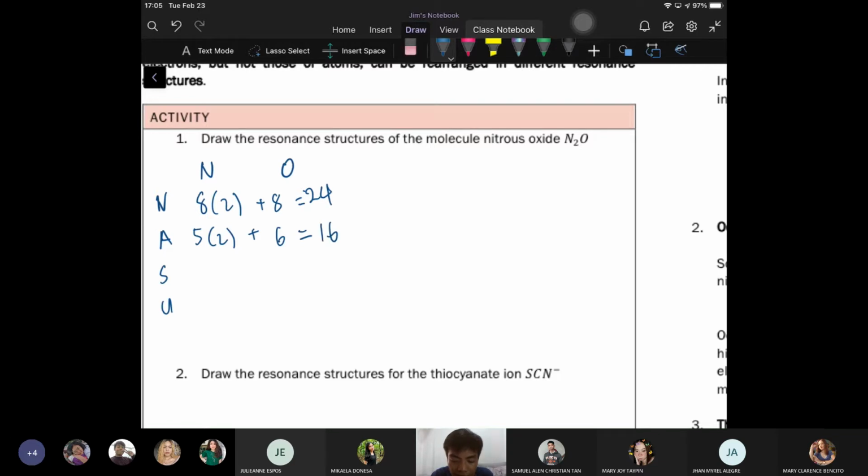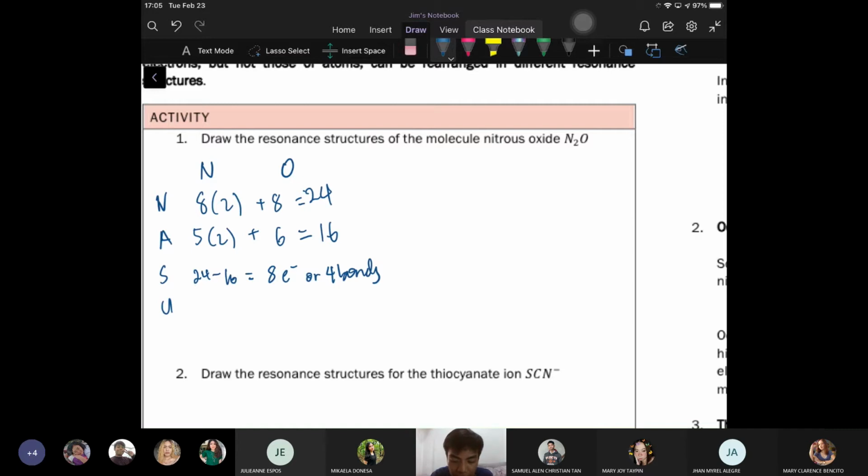So S, shared, that is N minus A. So that will be 24 minus 16, that is 8 electrons, or 4 bonds. And then U, unshared.